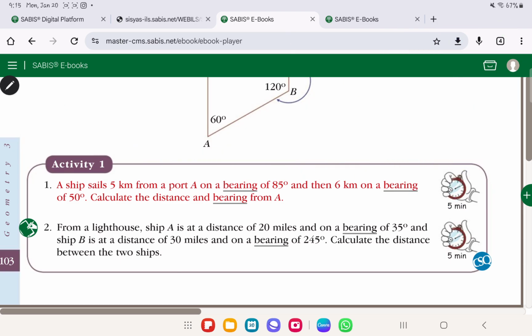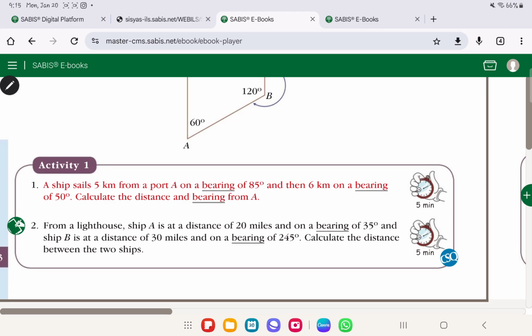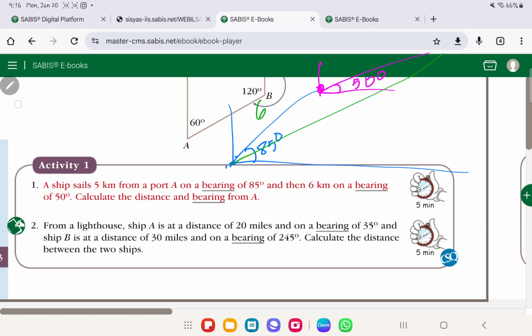Now for the bearings, I'm just gonna stop and draw it again. So here, 85 degrees, then from here, 50 degrees, and they need us to find this value over here, given this is 5, this is 6, and this over here is 10.5.